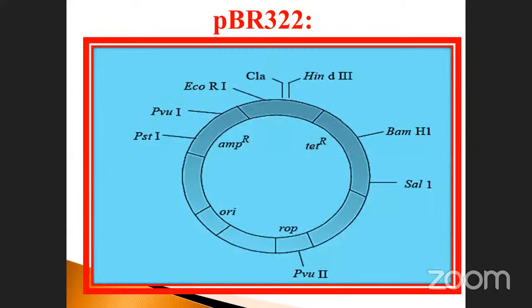This is the exact structure of pBR322. See, this portion is considered AmpR. In this map they mention the restriction sites: PstI, PvuI, and also EcoRI, ClaI, HindIII, BamHI, SalI, and PvuII. They mention different genes like that. Which sites are responsible for the ampicillin resistance?